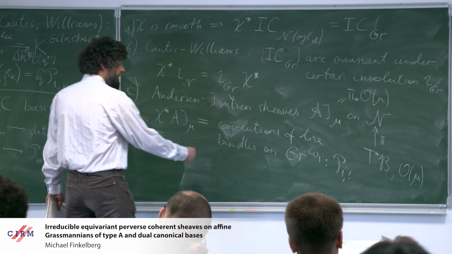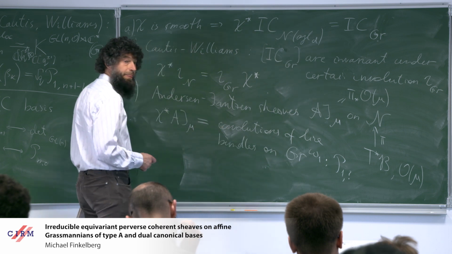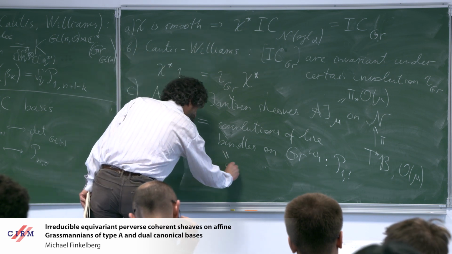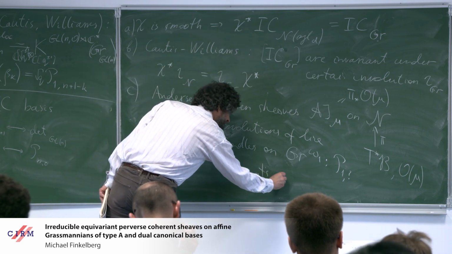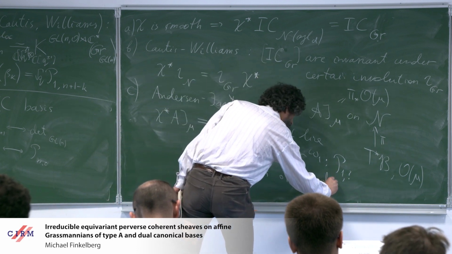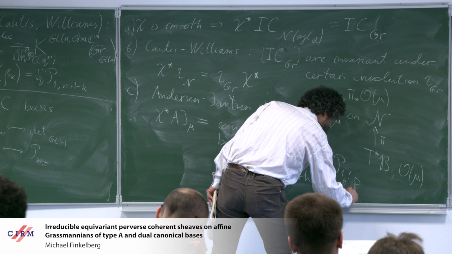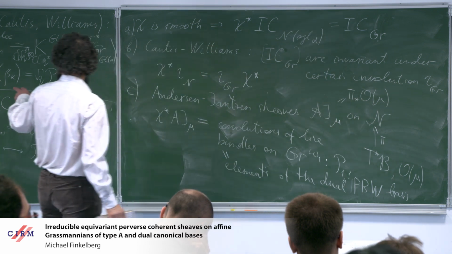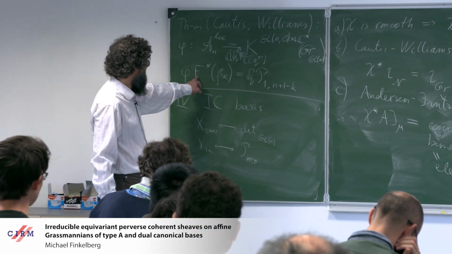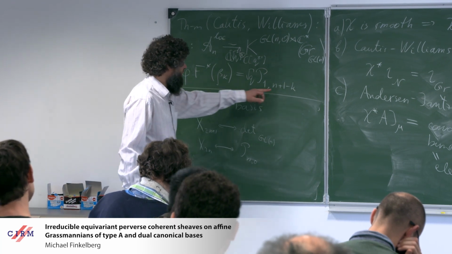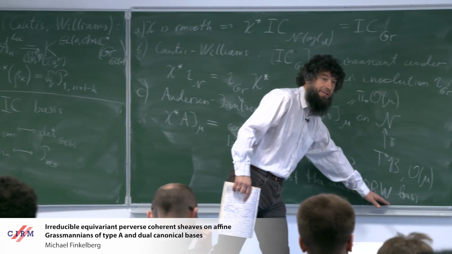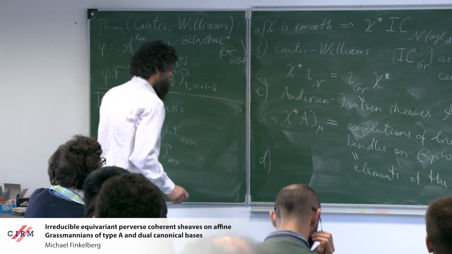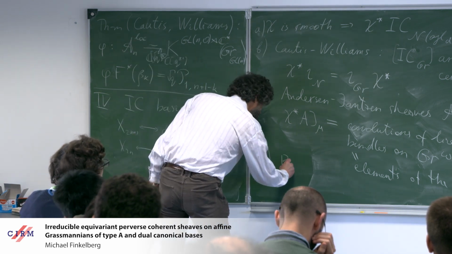Okay, and these convolutions, by their definition, exactly form the dual canonical, dual PBW basis. Just because of this theorem. You see, because the root generators go to these line bundles and their convolutions go to products, so this is exactly the dual PBW basis.